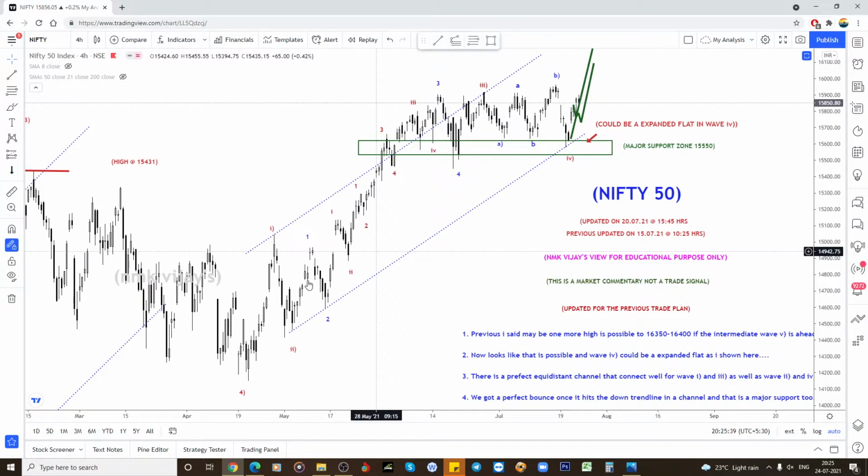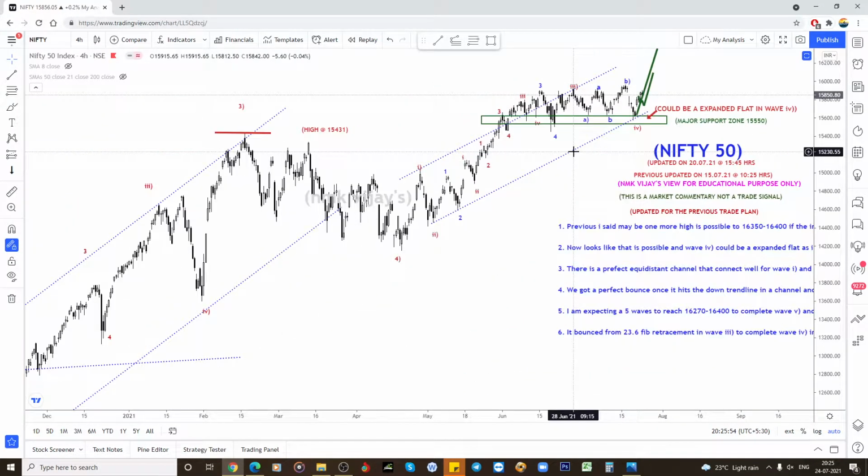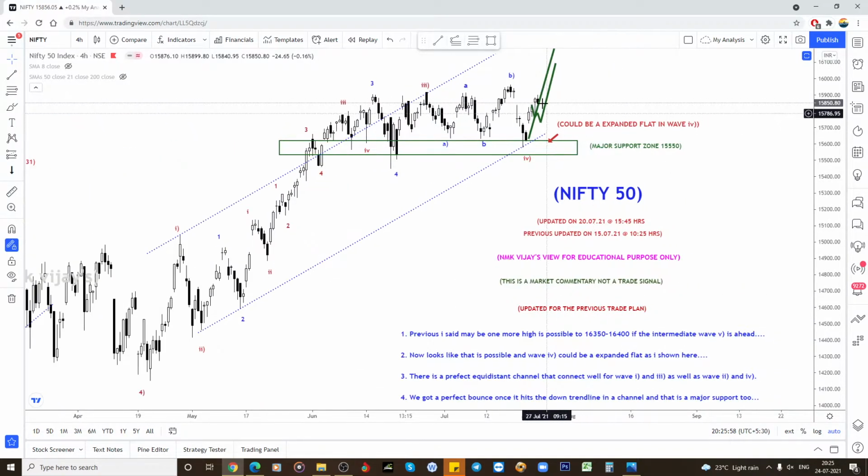It was in a downward channel, an equidistant channel, with waves 1 and 3 connected, and waves 2 and 4 connected. So there is an equidistant channel.